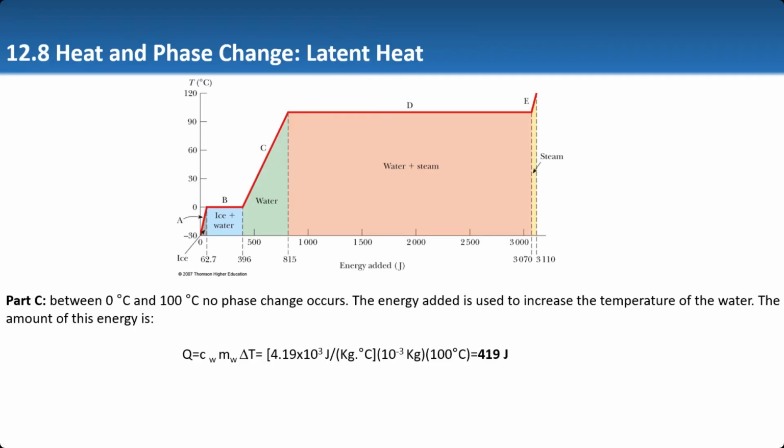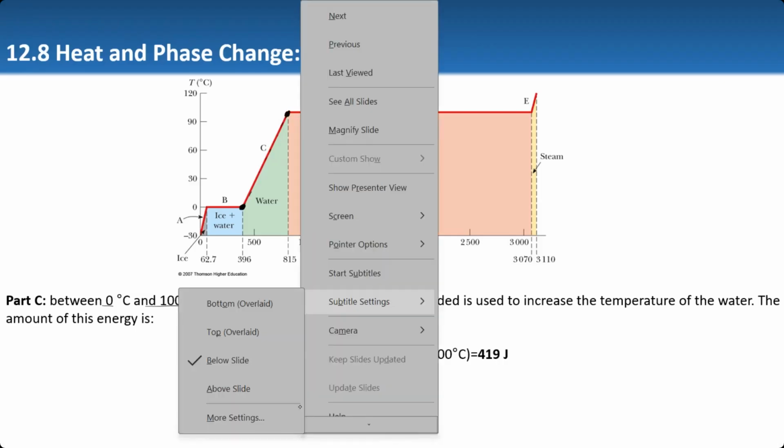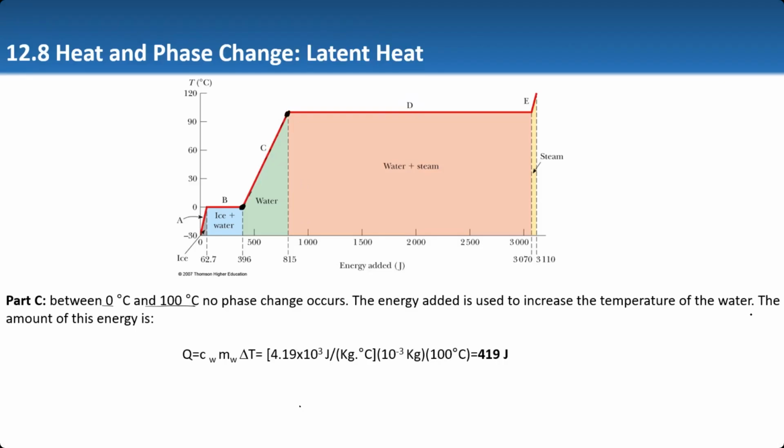Now I can study after all of the ice has melted, it has become liquid water. I keep heating up. The water will start warming up across section C here, all the way until it reaches the boiling point of 100 degrees Celsius. Between 0 and 100 degrees Celsius, no phase change occurs. The energy added is used to increase the temperature of the water.